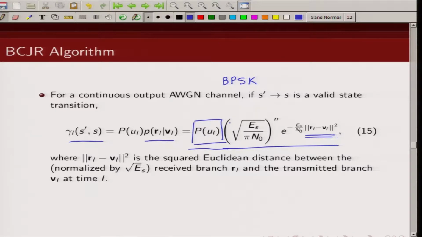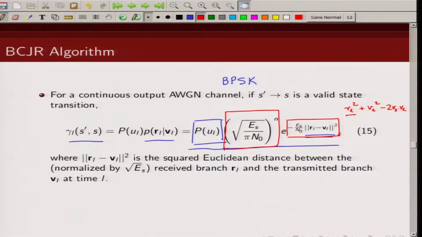This term will be common for all the terms, and depends only on the signal to noise ratio. If you look at this particular term, there is an R L square term, a V L square term, and then a minus 2 R L V L term.